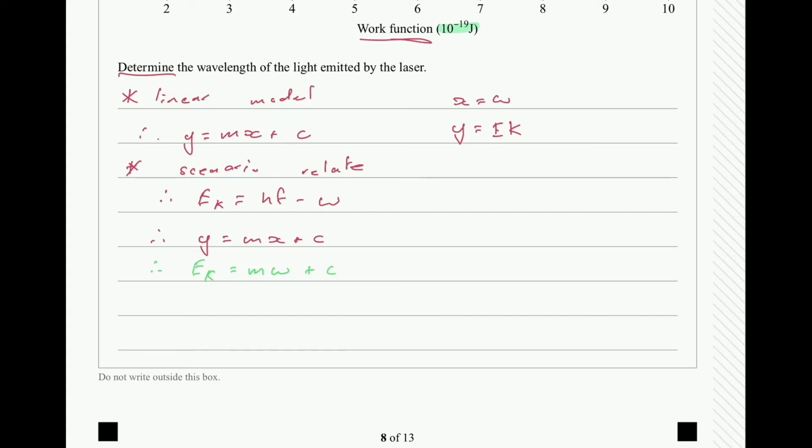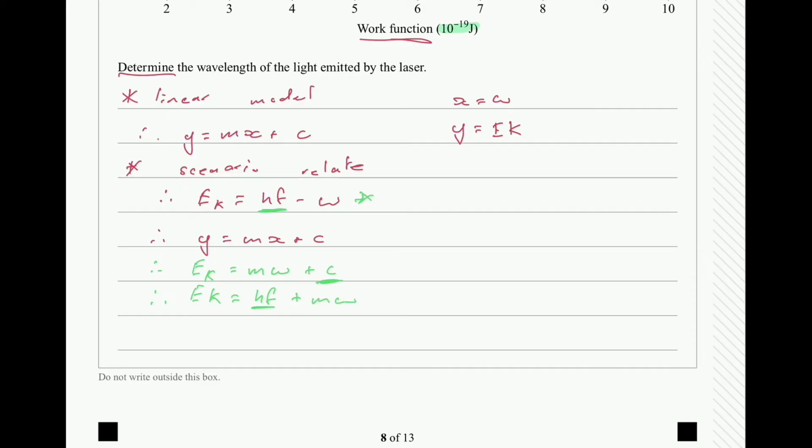We can map it so it links to this formula here: Ek is equal to c, which is now hf. I can see that this c and this c are the same, and that is equal to, or I'm just going to leave it as plus because we'll work it out in a second, plus mW.